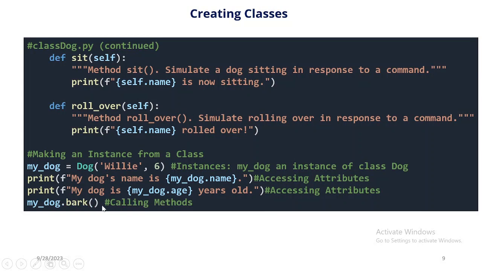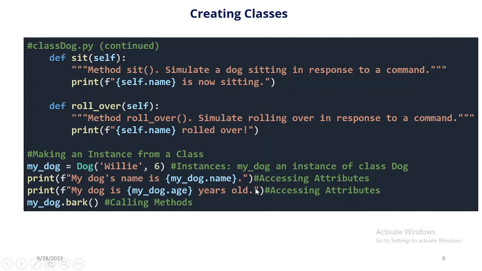Now, when you want to call the methods, you use the dot, just like the way you use the dot to call the attributes. Take note of the difference between attributes and methods. When you call the method, you have to put the parentheses. That is what indicates that we are calling a method in Python, which differentiates the calling of a method from the accessing of an attribute.